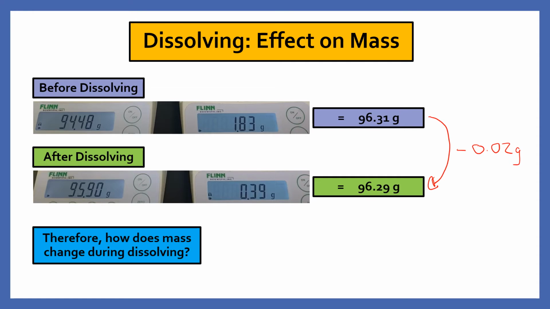What's probably happened is when we stirred it with a stirring rod, some of the water has stayed on the stirring rod and not all of it has come off. So that's where we've lost that mass. So don't think that this tiny loss in mass is a loss in mass over time. It's just human error, some error that has come into the experiment somewhere.